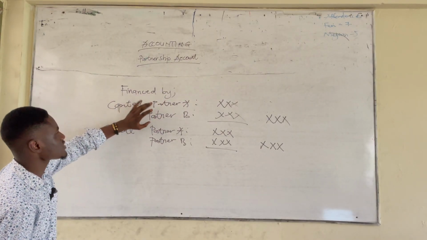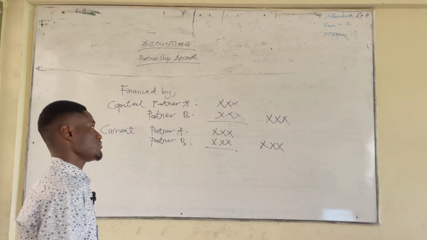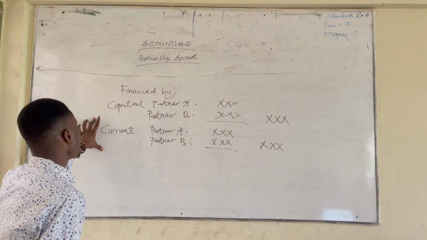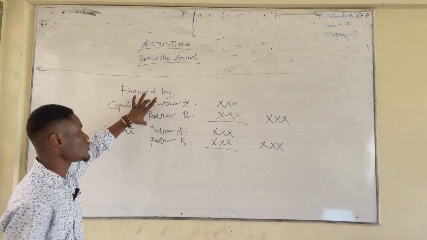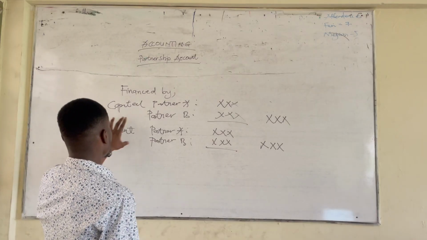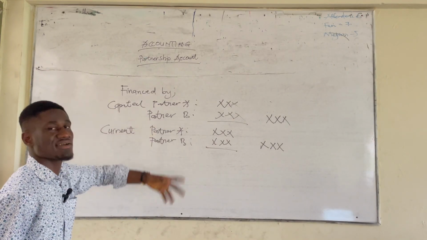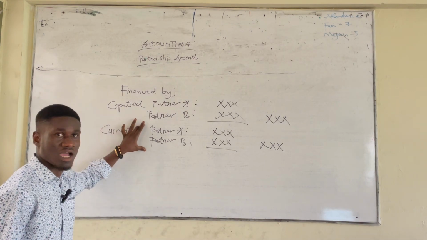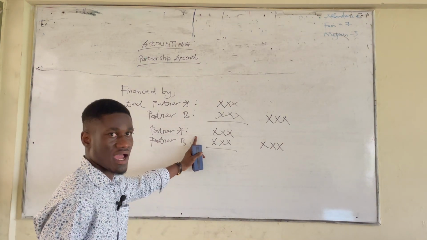But the sole proprietorship will involve just one person because it's a one-man business. But for the partnership account, we will get partner A, we will get partner B. So in sole proprietorship too, you can see that we have nothing like current account, but in partnership accounting, we have current accounts in the finance by part.